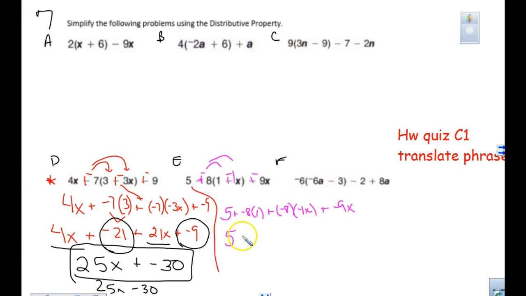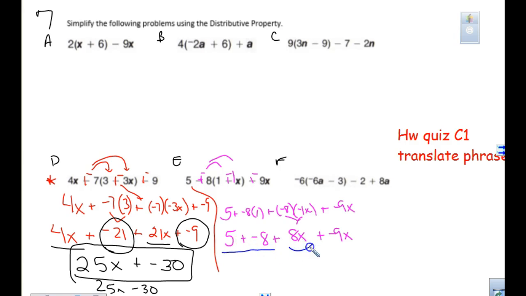So I'm simplifying. 5 plus negative 8. Negative times a negative is positive 8x. And then this is plus a negative 9x. So now I'm adding my like terms. Well, I do have two constants that are like.